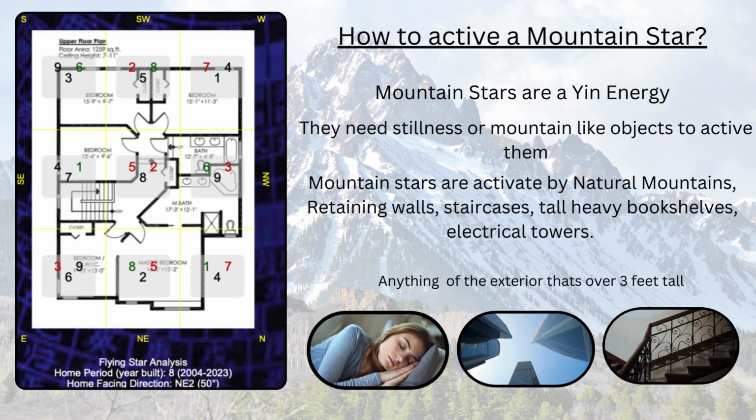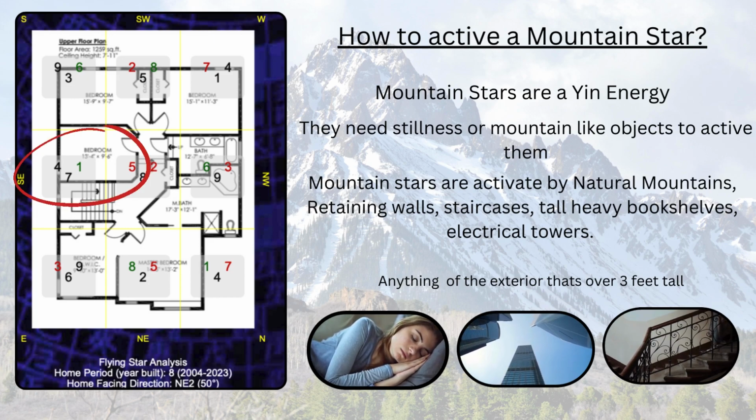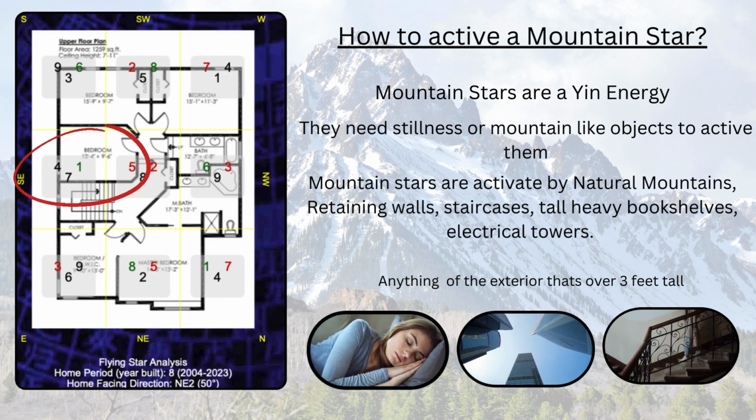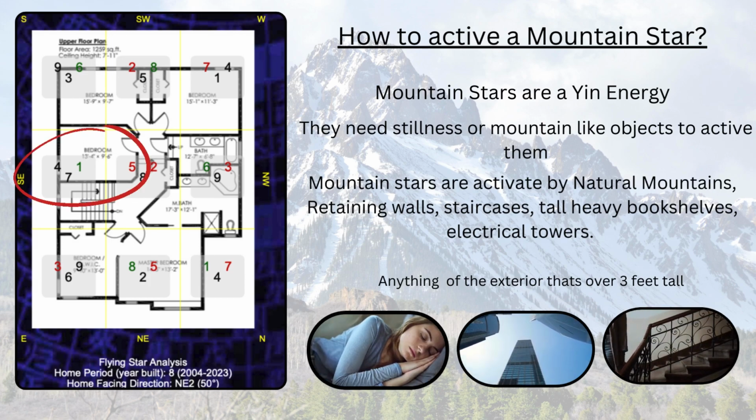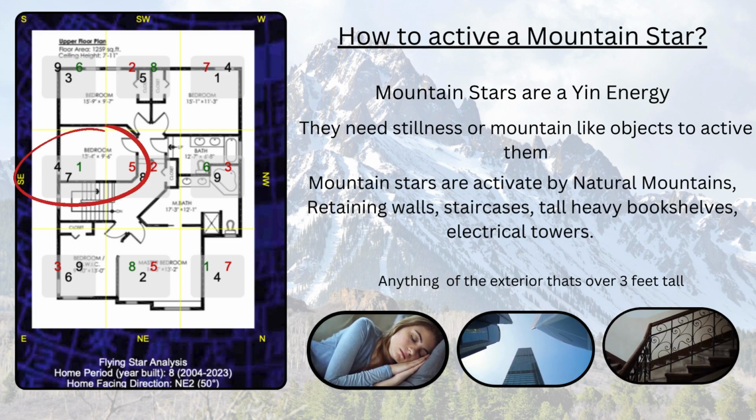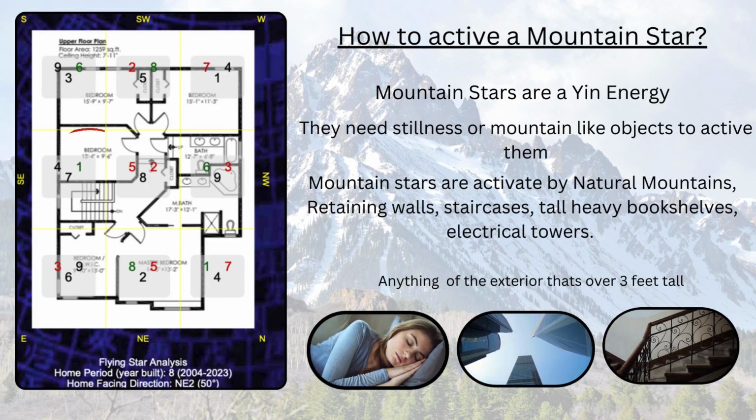So if you have a mountain in your backyard, it's going to be activating those stars, good or bad. But if you don't, and you just need to work with some placements, for example, you can use other things such as tall, heavy bookshelves. You can make retaining walls.